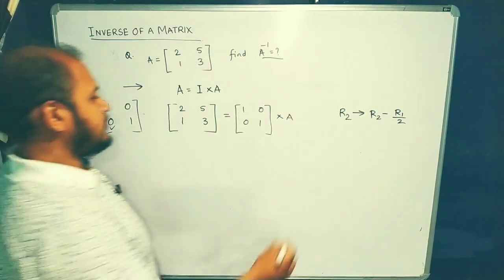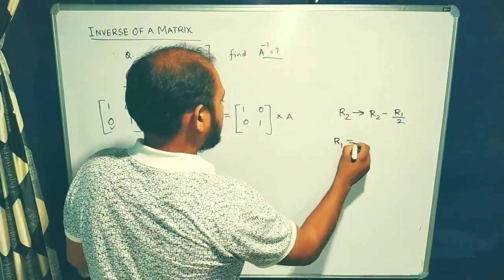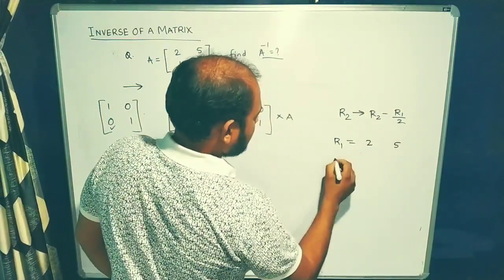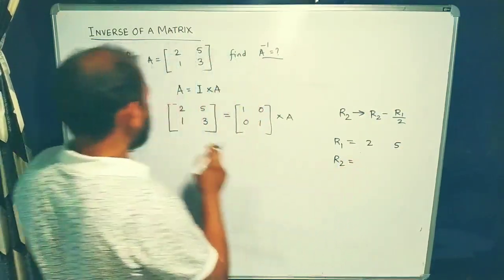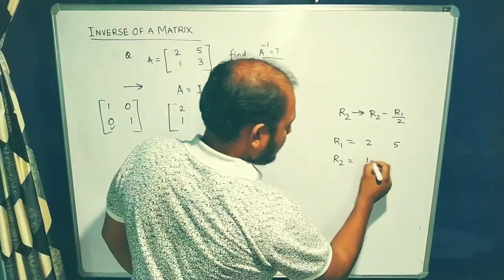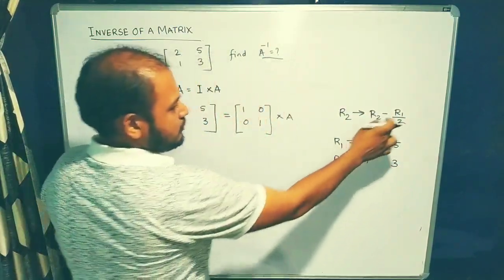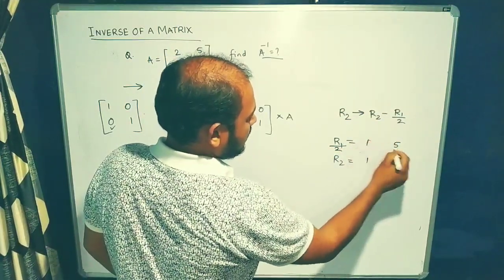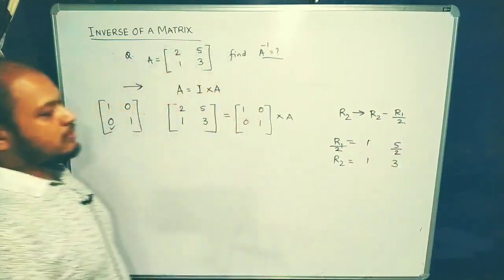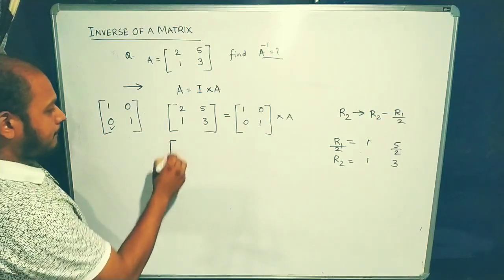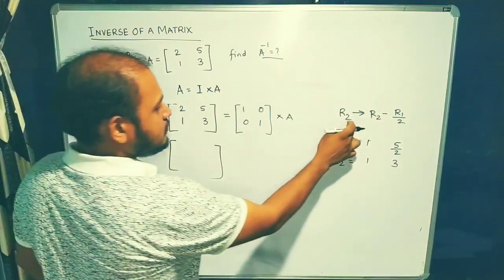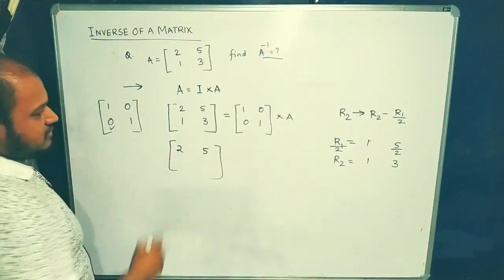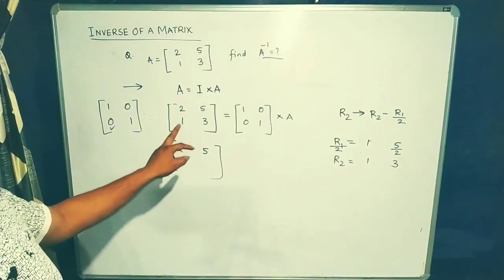So look at the first row. We have the first row equal to 2 5 and the second row is equal to 1 3. Now first row gets divided by 2, so 2 by 2 is equal to 1, and we have 5 by 2 here. Now we are saying that R1 is not getting changed, so place R1 as it is and concentrate on the second row.